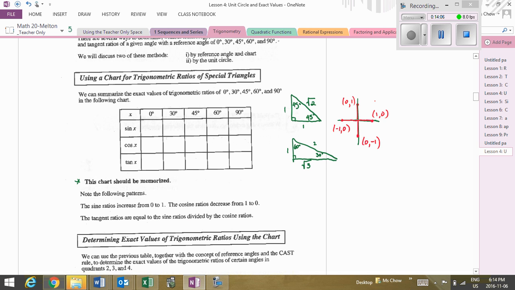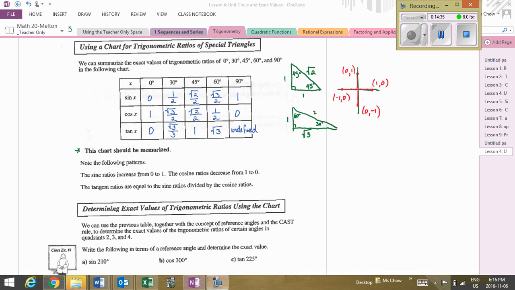And so recognizing those along with the CAST rule easily allows you to fill in that table. So it's totally up to you if you would like to memorize the table or if you want to memorize the triangles, but you will need one of those. So take a moment again, fill in the table, either using the triangles or through memorization, and hit pause and we'll come back and check.